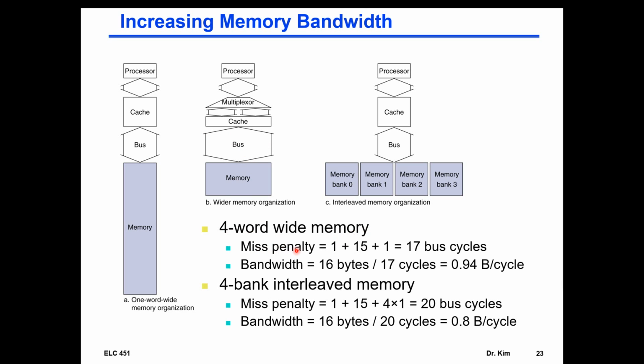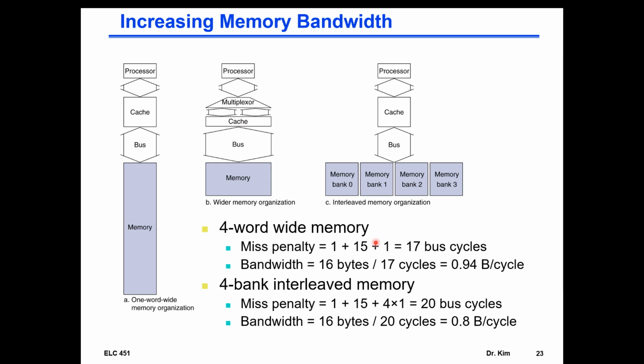We have that the miss penalty is the first addressing cycle. Now we're going to access the 4 words in parallel, and the assumption here is that each word is 32-bit, so it's 4 bytes. It's going to take me 15 cycles to wait for the memory, to access the memory, and then 1 bus cycle to transfer it to the cache.